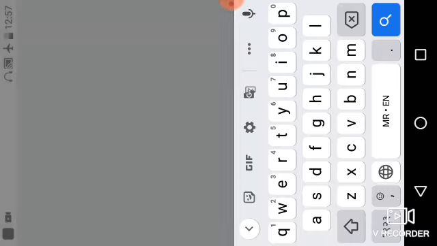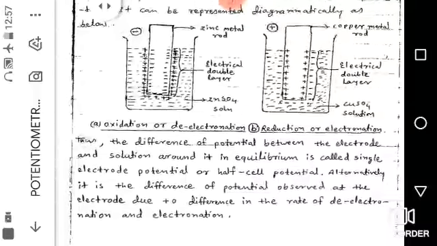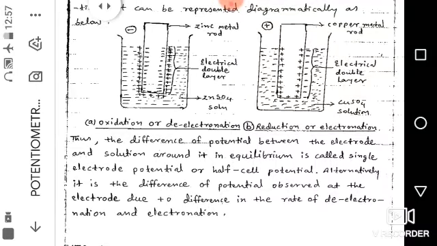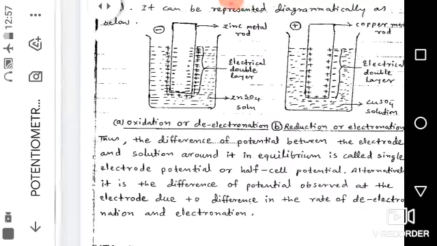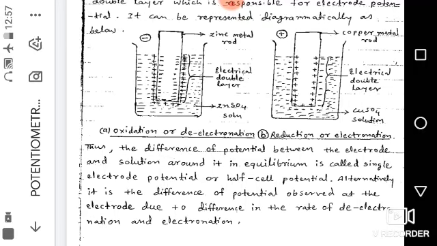Then see here, the electronation and de-electronation. Thus the difference of potential between the electrode and solution around in the equilibrium is called a single electrode potential, the half cell potential. Alternatively, it is the difference of potential observed at the electrode due to the difference in the rate of de-electronation and electronation.